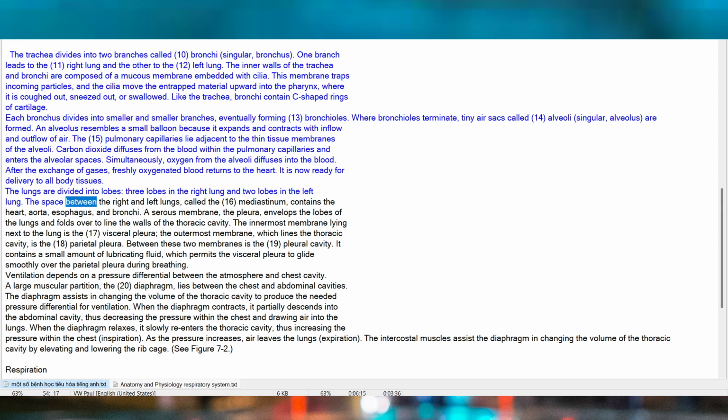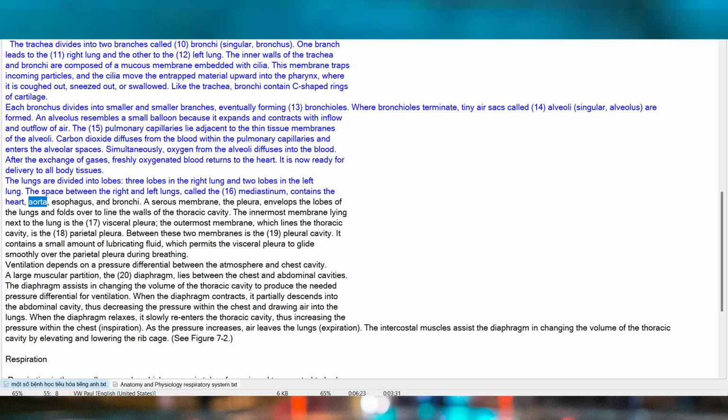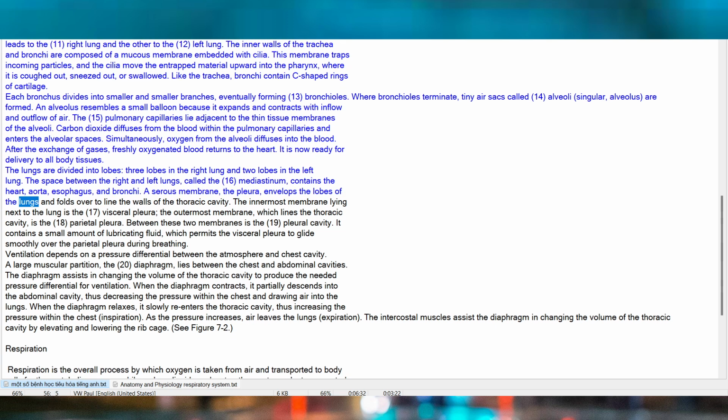The space between the right and left lungs, called the 16 mediastinum, contains the heart, aorta, esophagus, and bronchi. A serous membrane, the pleura, envelops the lobes of the lungs and folds over to line the walls of the thoracic cavity.